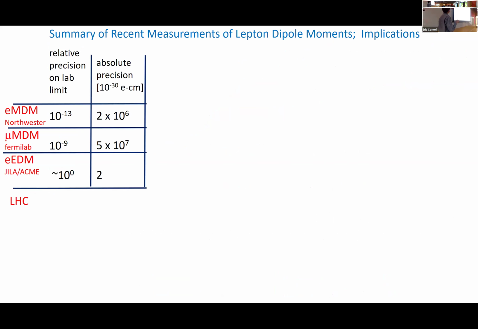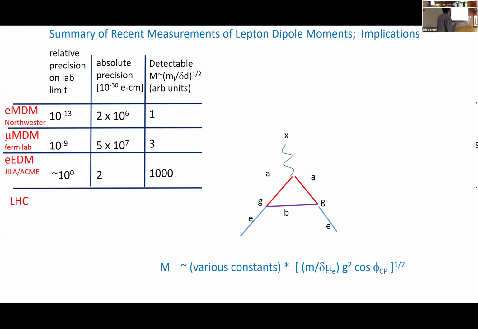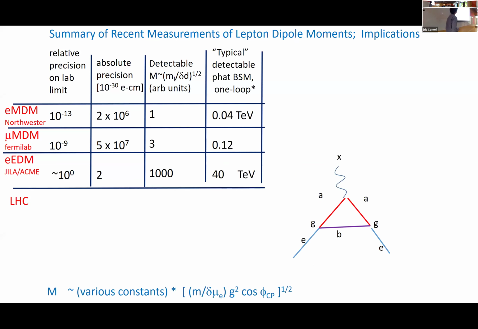In absolute terms, the EDM experiments are about 1 million times more sensitive. If you take into account the fact that the muon is heavier than the electron and so on, and ask what masses we're sensitive to, we are sensitive to masses about 1,000 times higher than the electron G minus 2, and about 300 times higher than the muon G minus 2.